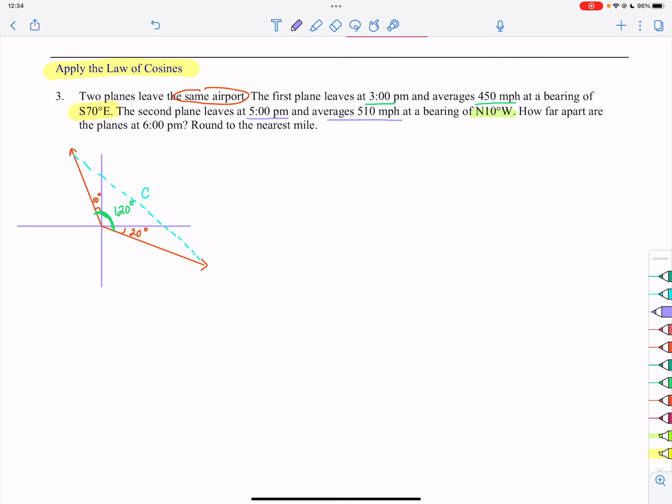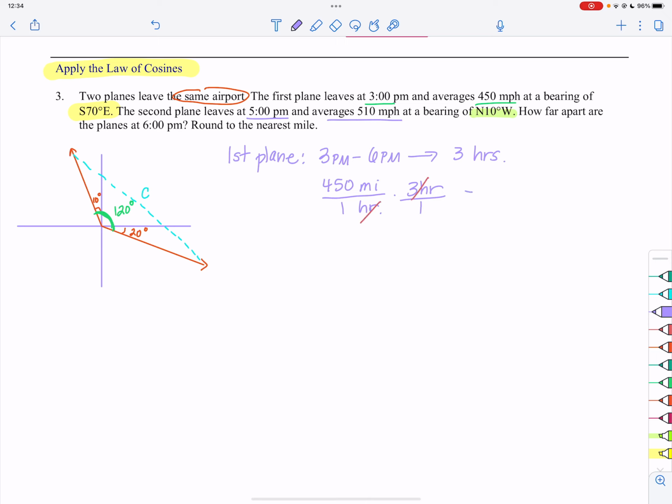So we're going to begin with the first plane. The first plane travels from 3 p.m. to 6 p.m. And so that's 3 hours. So we have 450 miles in 1 hour multiplied by 3 hours.